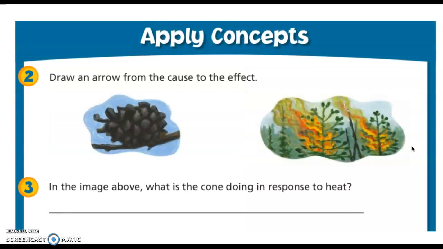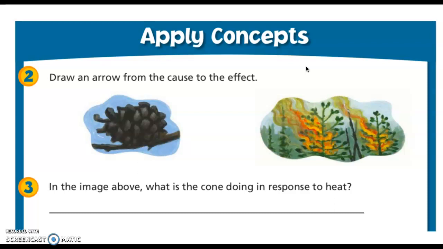All right, so we're going to go over our applying concepts workbook page now. So number 2, it says draw an arrow from the cause to the effect. Remember what we just talked about, cause and effect. So this picture should look a little familiar to you. So where should our arrow go? How does it start and where does it end?